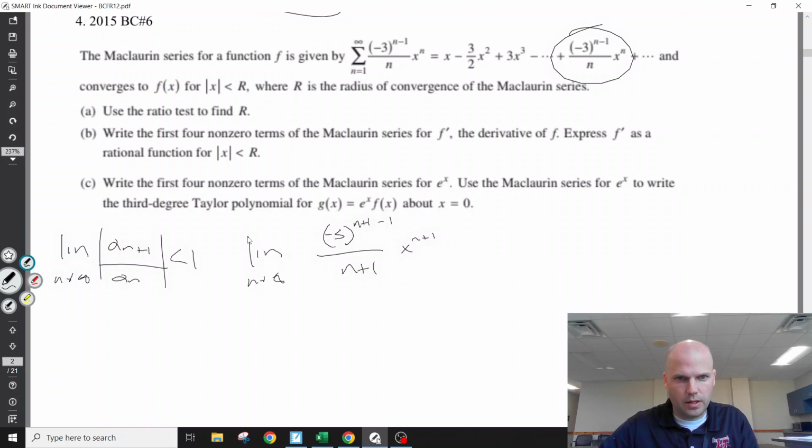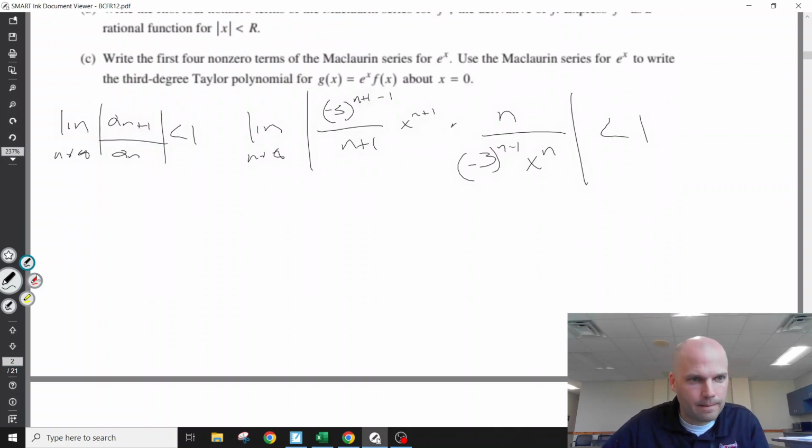I need my nth term to be divided, so flip everything. n comes to the top. Negative 3 to the n minus 1, x to the n comes to the bottom. We need to simplify. This goes away. Let's use some exponent rules.